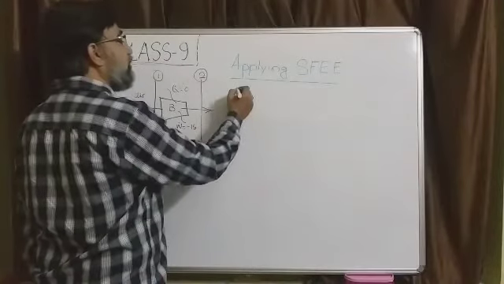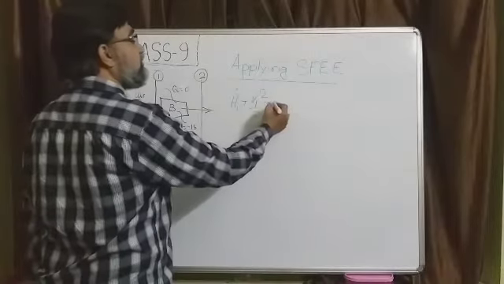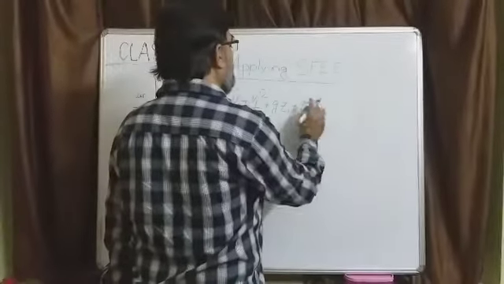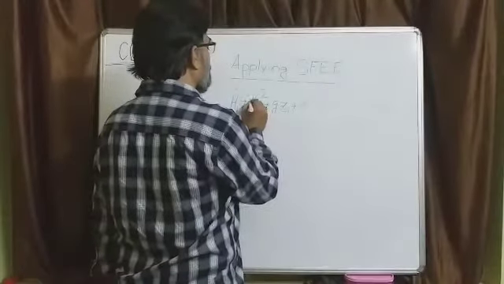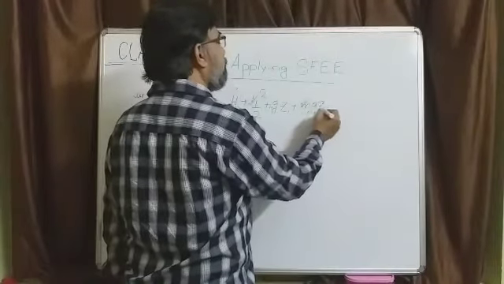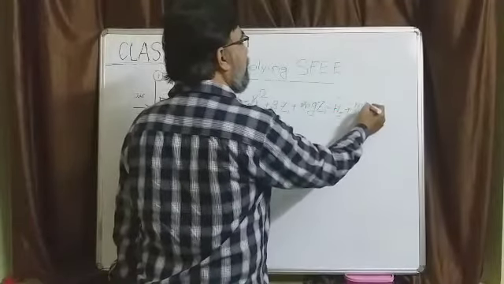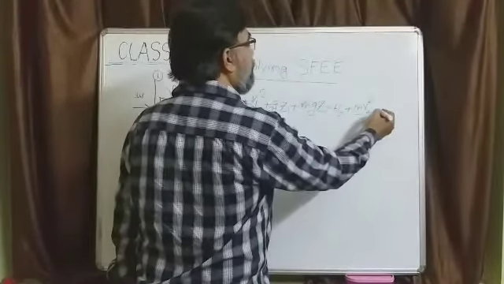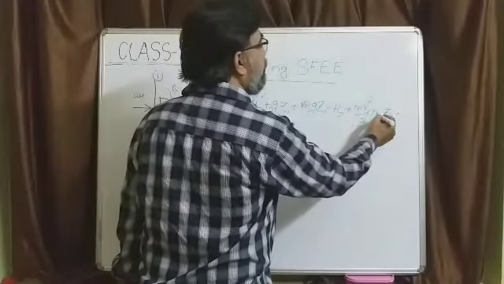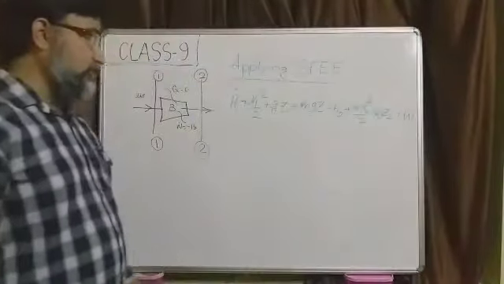We can write m dot H1 plus m dot V1 square by 2 plus m dot gZ1 plus m dot Q is equal to m dot H2 plus m dot V2 square by 2 plus m dot gZ2 plus W dot. Now look at this equation.